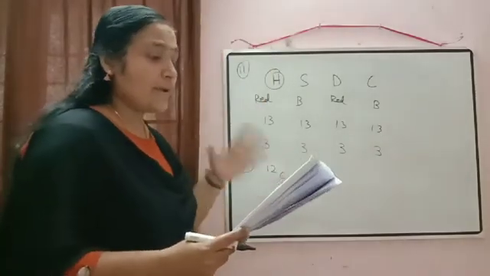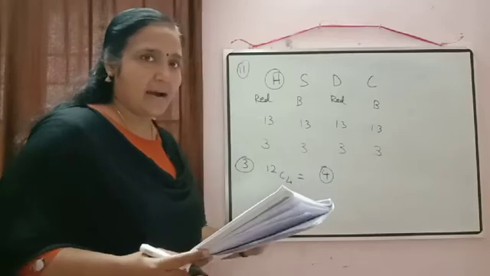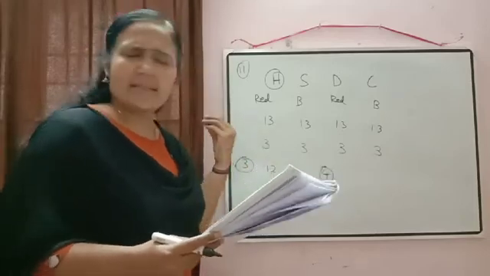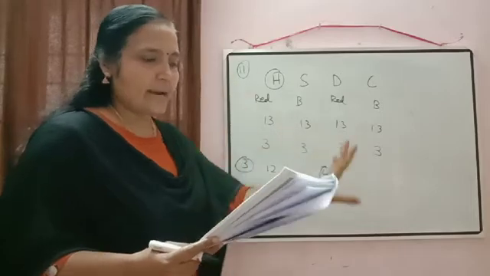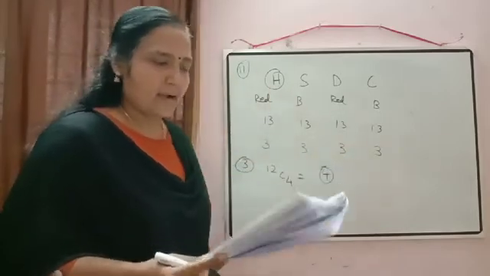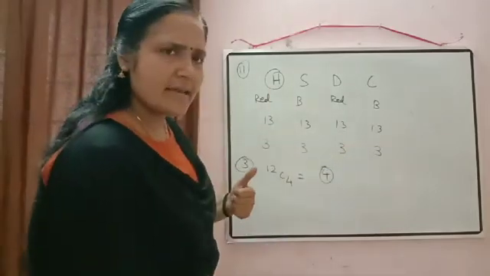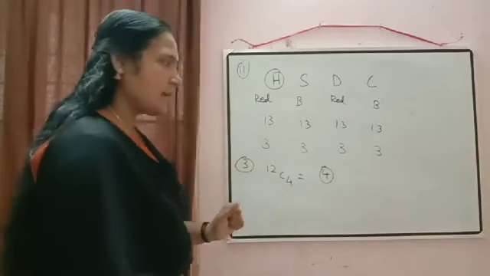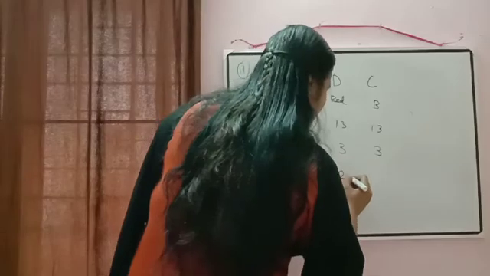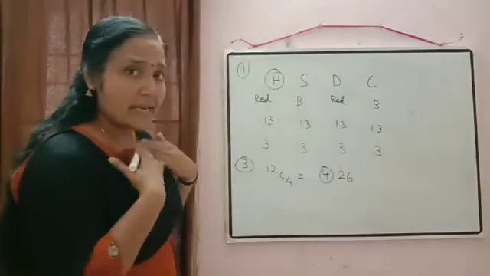Then the fourth one is written: I need 2 red cards and 2 black cards. Heart, club, spade, anything, I don't know; I know the color. So I need 2 red cards and 2 black cards. How many red cards are there with us? Yes, 26 red cards. From 26 red cards, how many do I need?